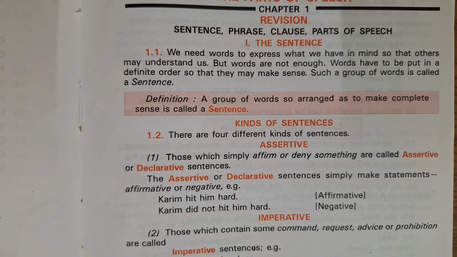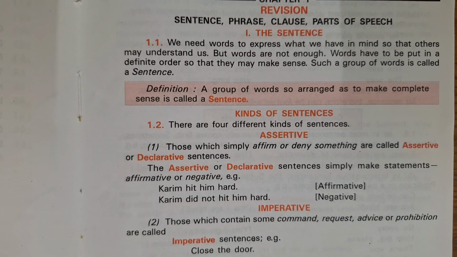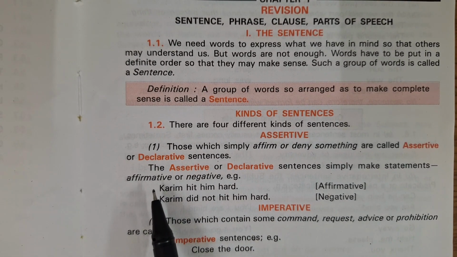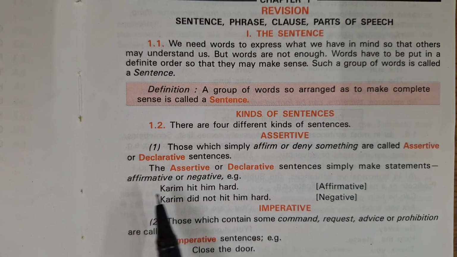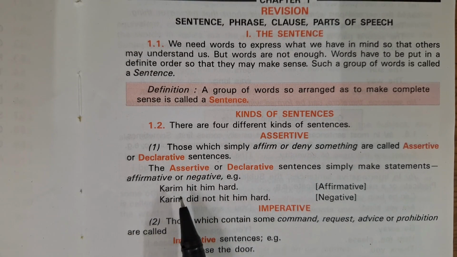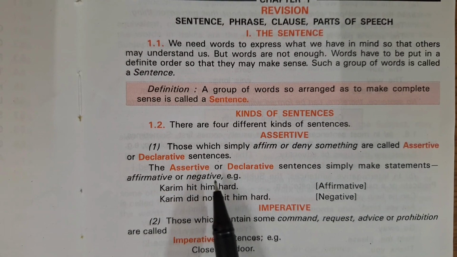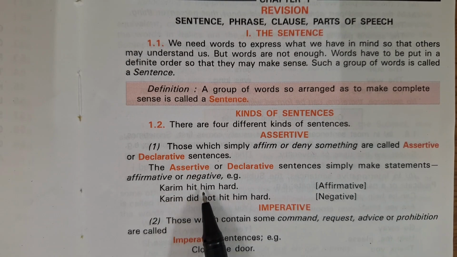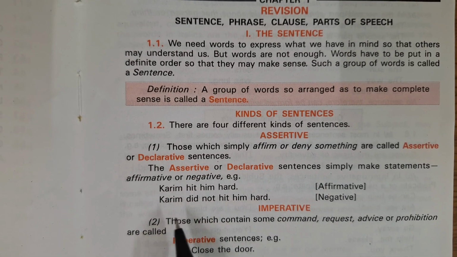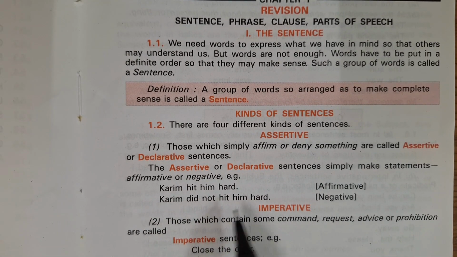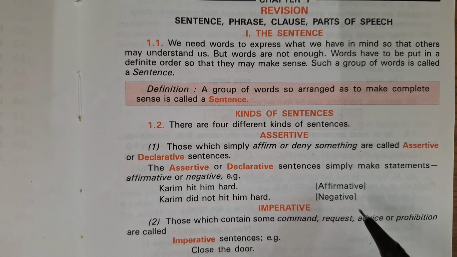They just state some facts, like these statements may be in the affirmative, positive or negative. Example, Karim hit him hard. Now this action of Karim is in the positive sense, but if Karim did not hit him hard, where the word did not comes, this implies a negative meaning to the sentence. So your assertive sentences can both be affirmative and negative.